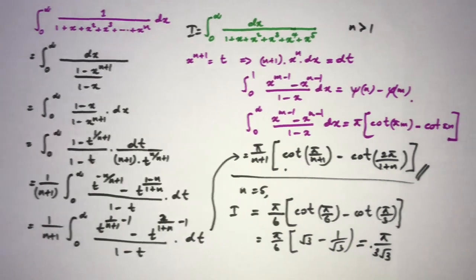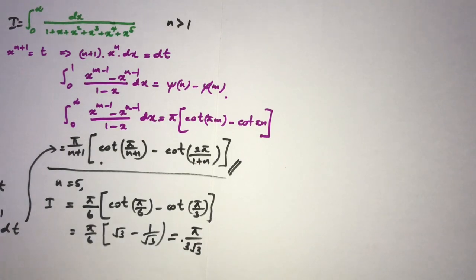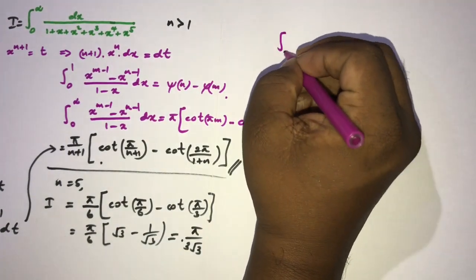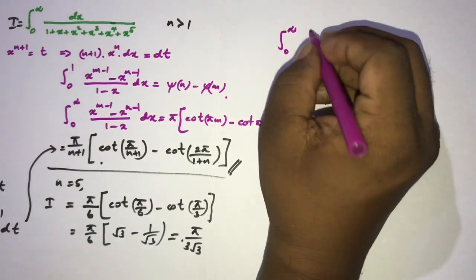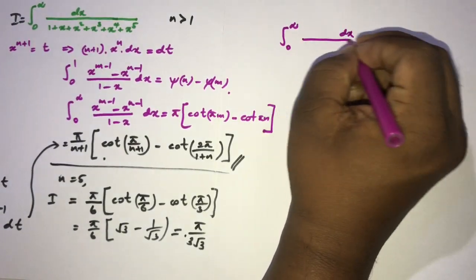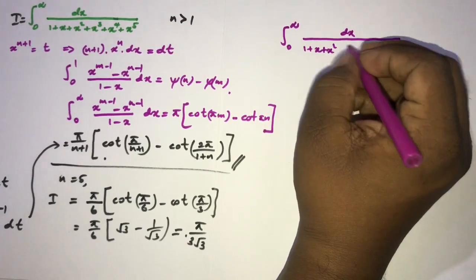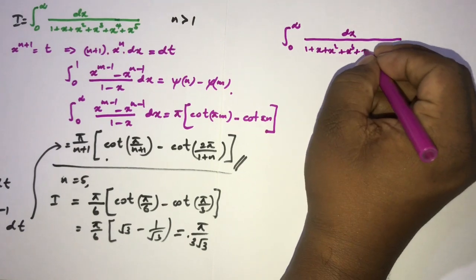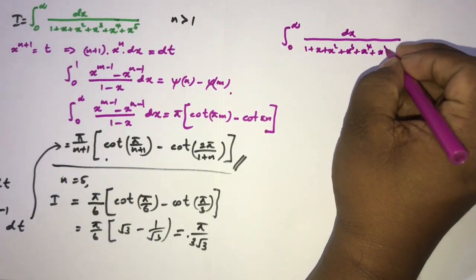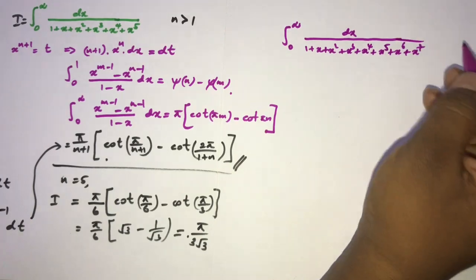For example, if we take n equal to 7, our integral becomes the integral from 0 to infinity of dx over 1 plus x squared plus x cubed plus x to the 4th power plus x to the 5th power plus x to the 6th power plus x to the 7th power.